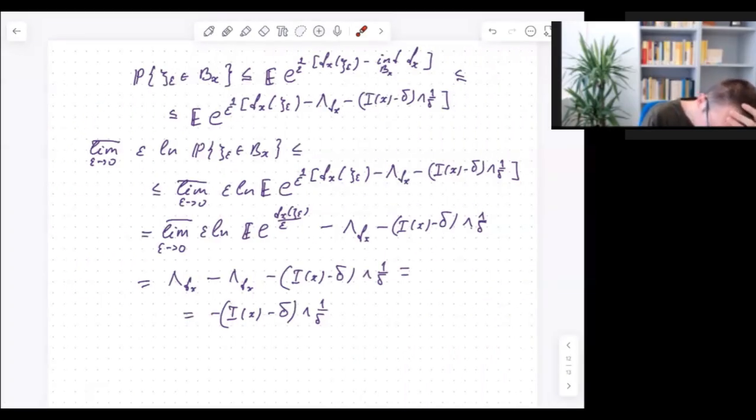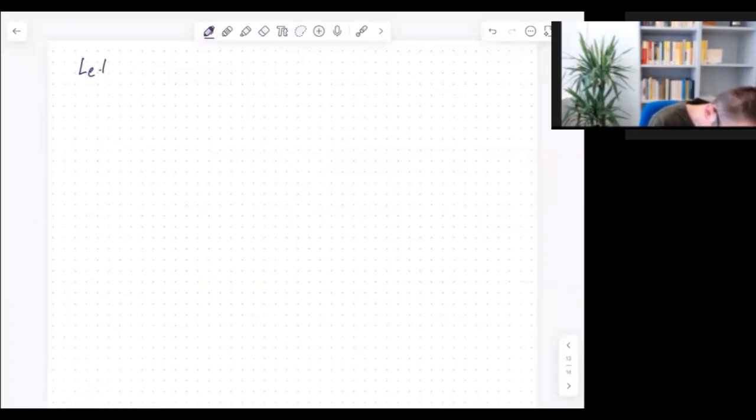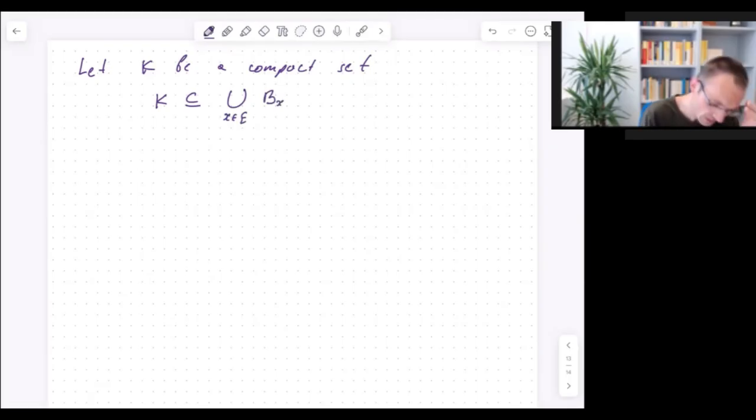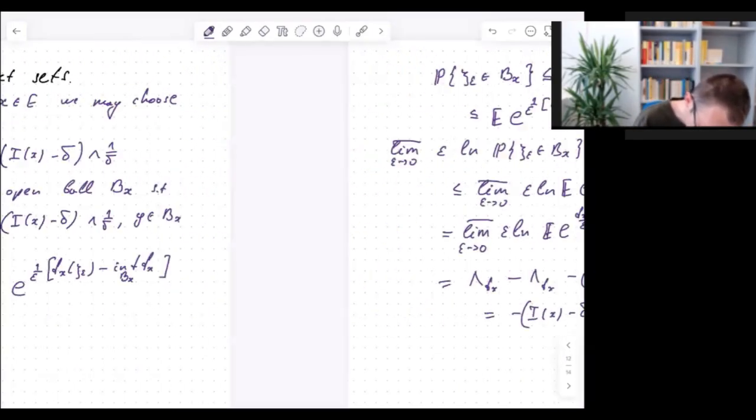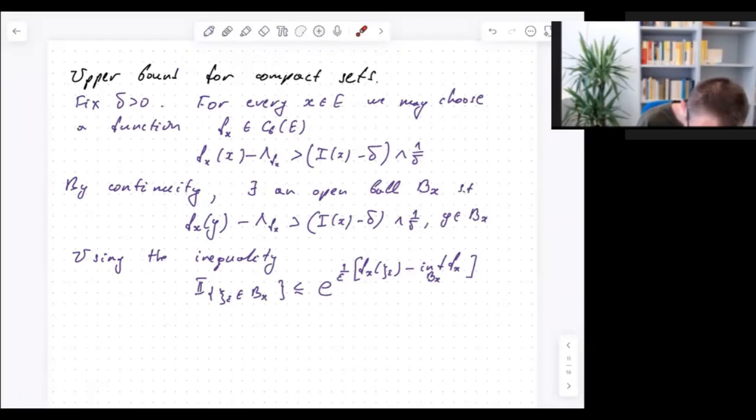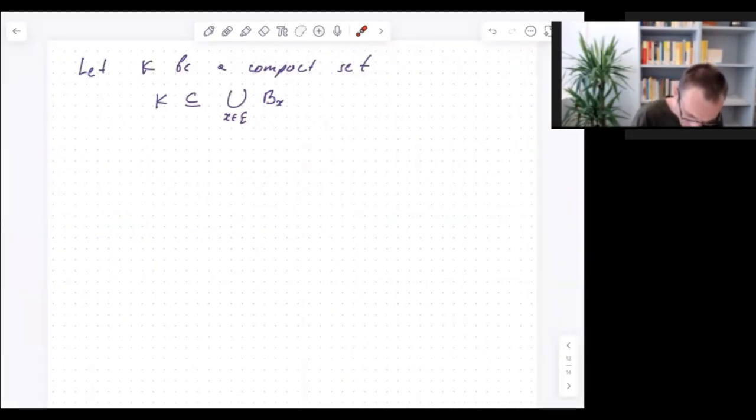and then after that, let K be a compact set. And then let's note that this K is a subset of the union over all x from E of the corresponding balls with some radius, where that radius is defined by this inequality, but it doesn't matter. So it is just open balls for every x, and we have the compact set is covered by a union of open balls.